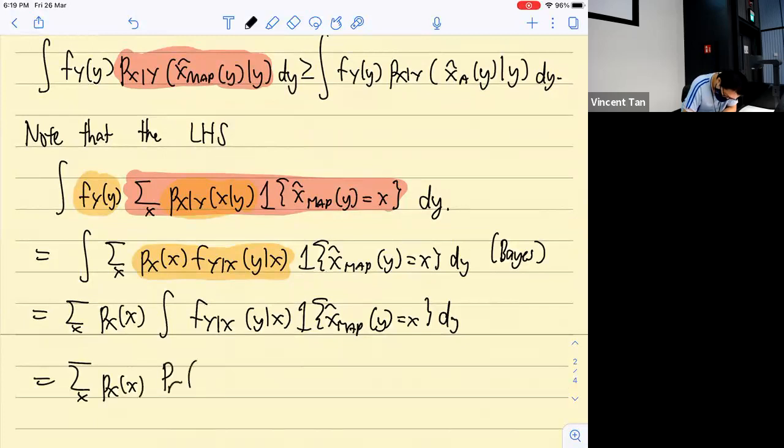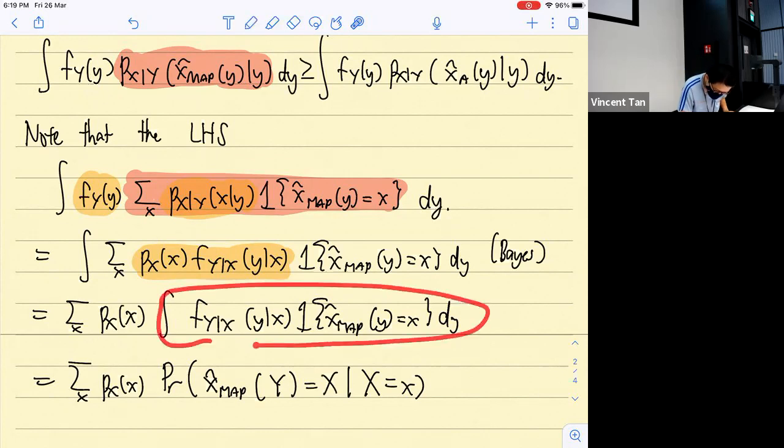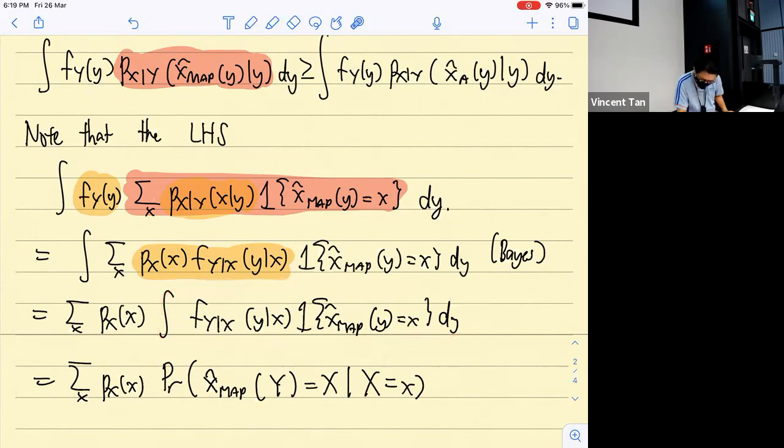It is nothing but the probability that x_MAP(Y) is equal to little x, conditioned on X equal to x. Maybe it's better to put capital X here. Okay, here what are we doing? What is the meaning of this? It looks a little bit daunting, but it's not. We are integrating this likelihood over this particular region of y's.